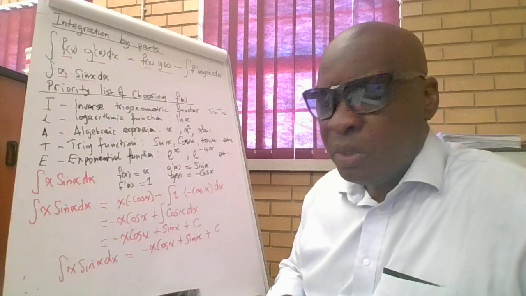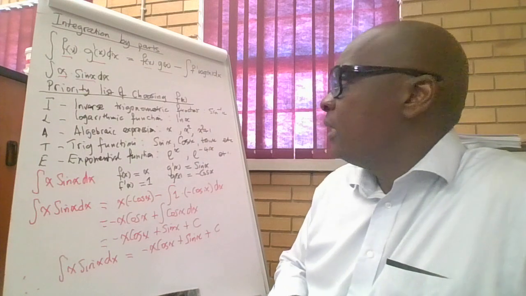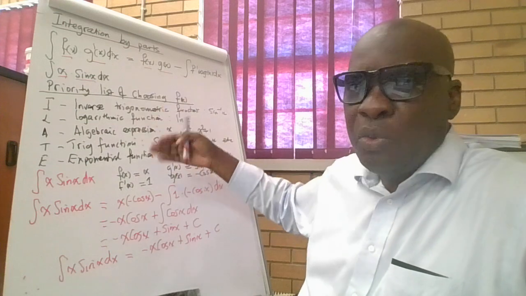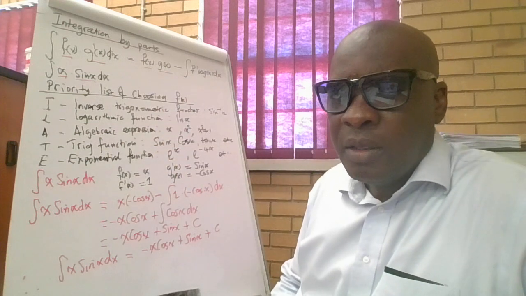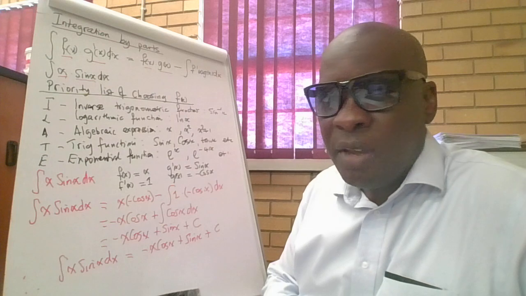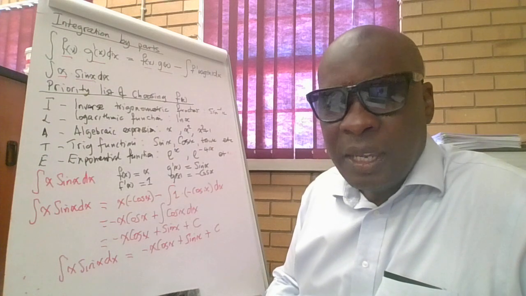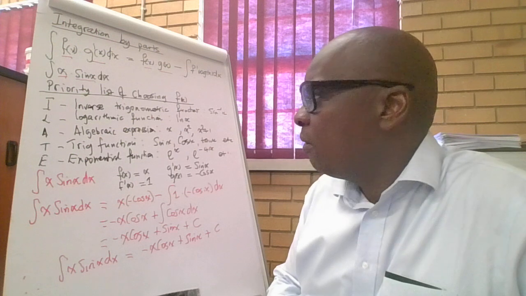Pretty much important is that you remember the priority list, because if you choose the function you are going to call f of x in another order, you might have some challenges in integration.